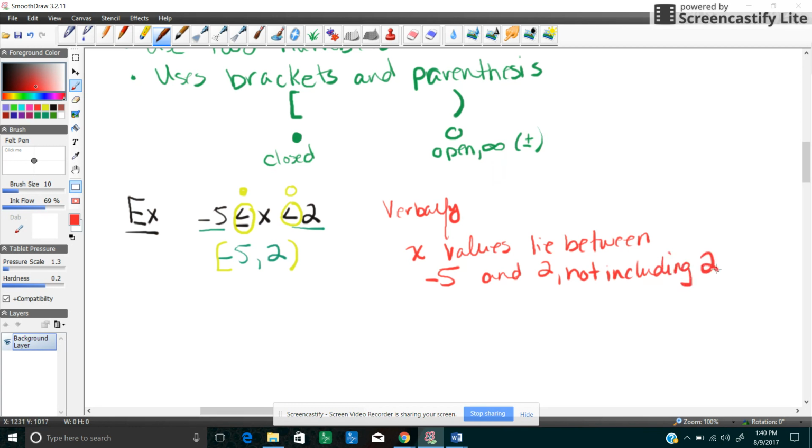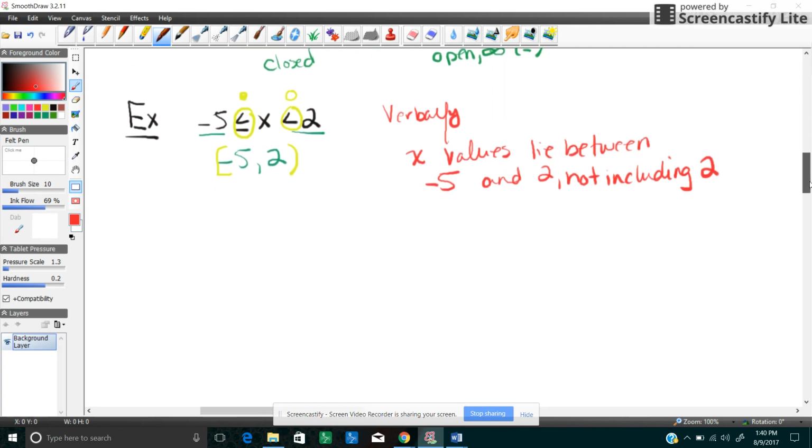And of course, I'm just kind of improvising here. There are several ways you could say this. I do have to make sure that I put that not including 2 simply because that's an open circle, which means that on the graph, 2 is not part of the domain. Okay? If you have any questions, again, please let me know.